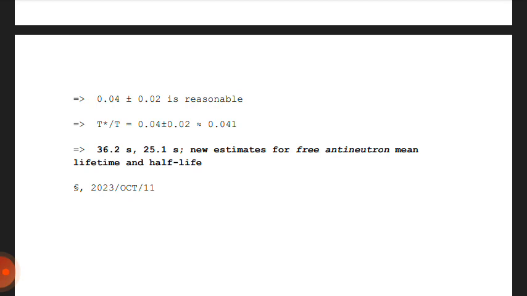We can. That the new estimate for anti-neutrons, mean lifetime and half-life are 36.2 seconds and 25.1 seconds, respectively.